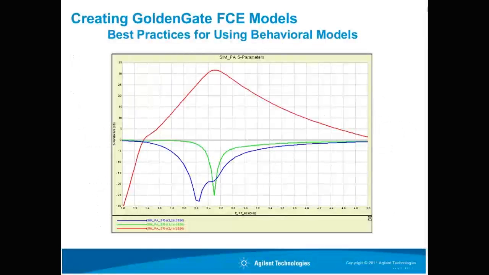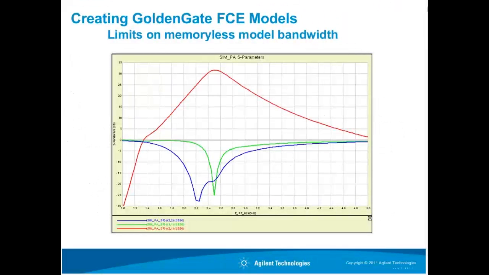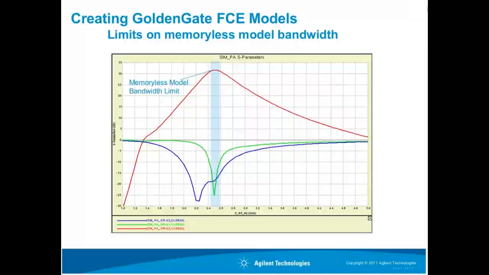Okay, so what do I mean about modeling to match your circuit characteristics? Let's say we wanted to build a memoryless model for this amplifier that I have the response for here. Since the memoryless model doesn't even capture the gain characteristics versus frequency, at the very max, I'm probably going to want to have a band as shown here. Maybe that's 150 megahertz, which is actually a very wide band for a memoryless model. This circuit is very flat.